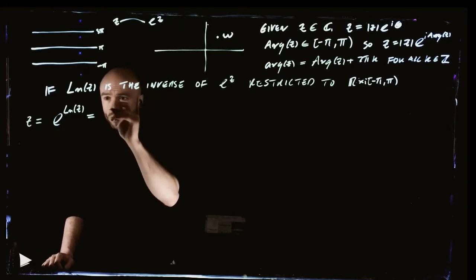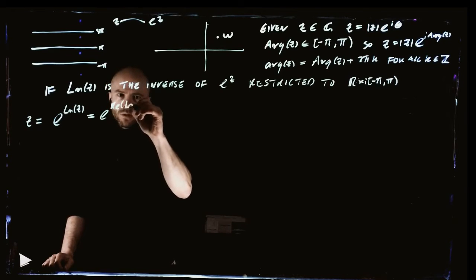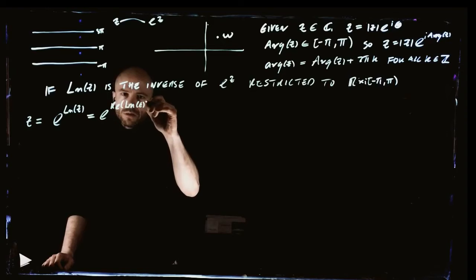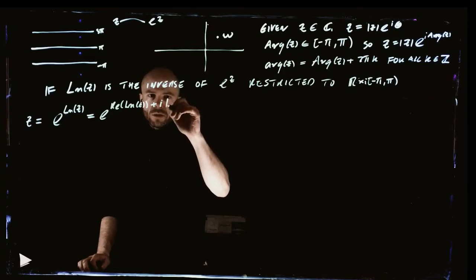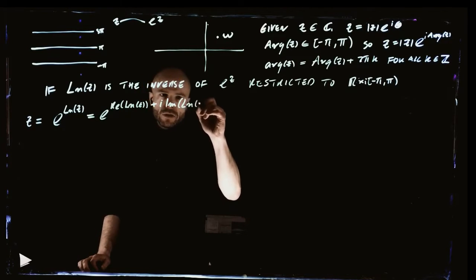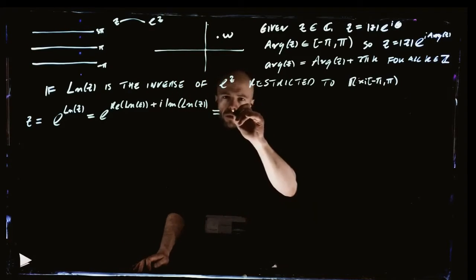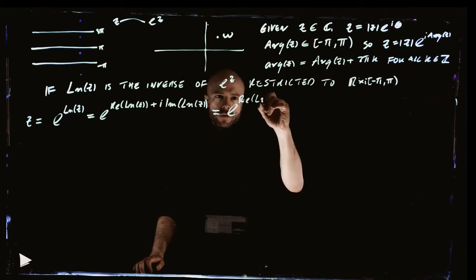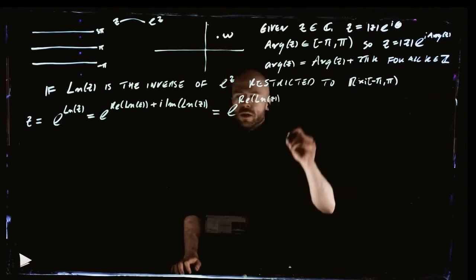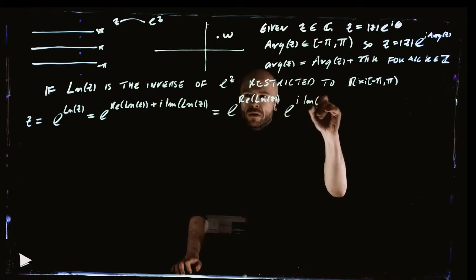But then this thing is just given by e to the real part of this guy plus i times the imaginary part of this guy, which by definition of e, how we've defined it, is e to the real part of log of z, and then times e to the i times the imaginary part of log of z.